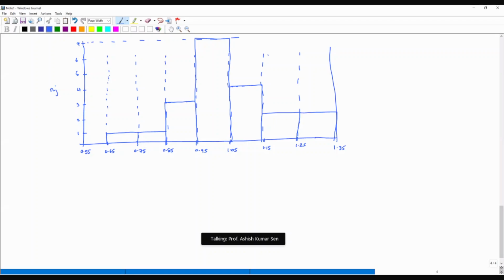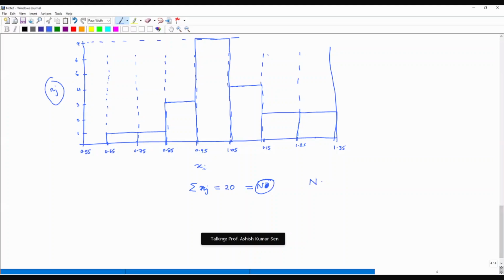Okay. Now, on the x-axis, you have basically the interval, right? So this is your x_i, and depending on the interval, you have the frequency of occurrence. Now, the sum of nj is basically 20. That is n.